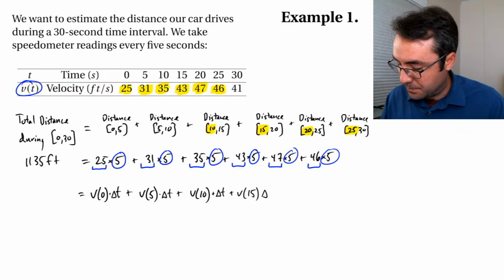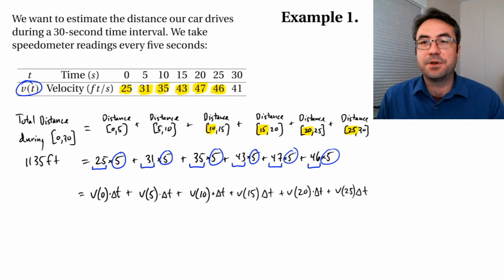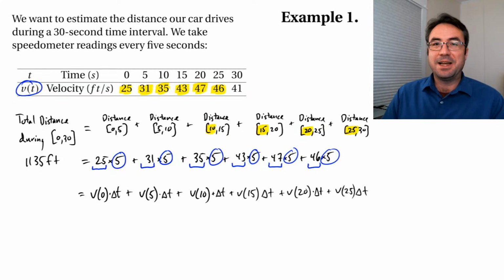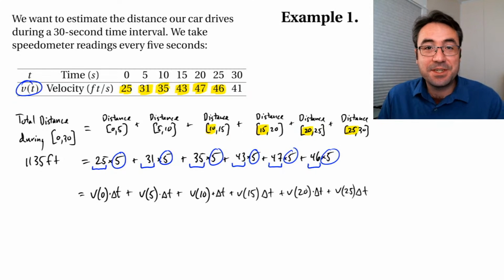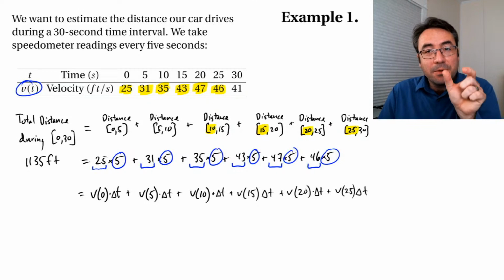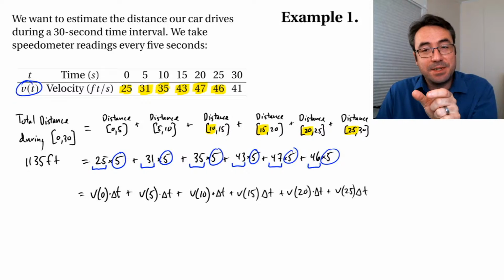And so to write this out, it's a bit of a mouthful here. It's a lot to write, even for just 6 subintervals. But really what we're doing in calculating those distances, it's the velocity at time 0 times delta t.